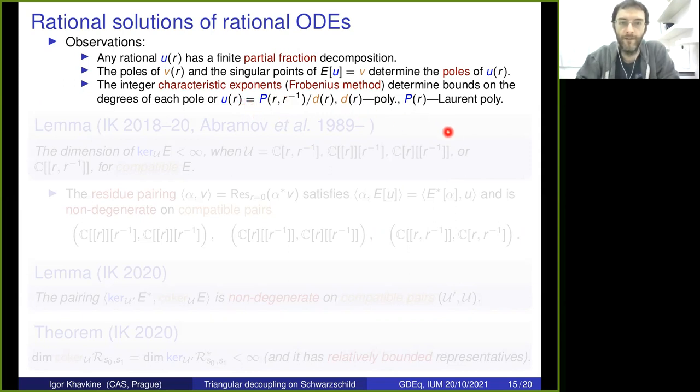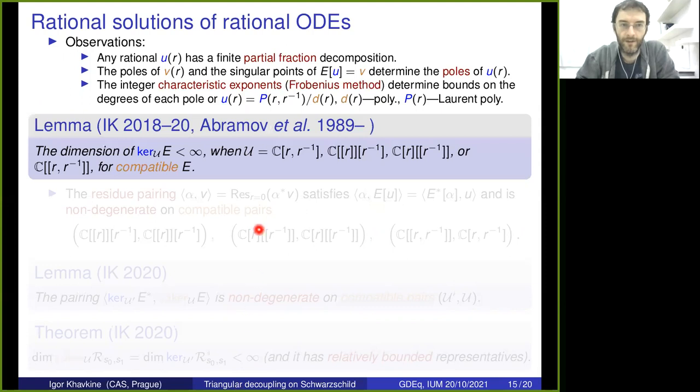Okay, very nice. So this result can be summarized in this useful lemma. If you have a rational ODE that is acting on the space of Laurent series of particular types, and there are different types that we should consider.